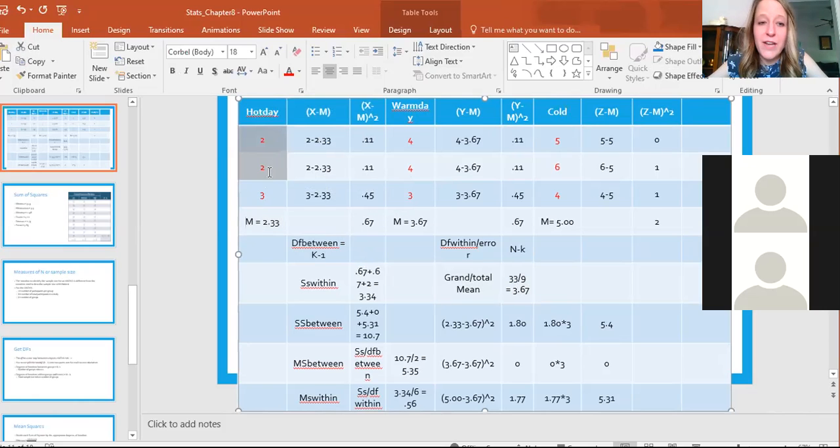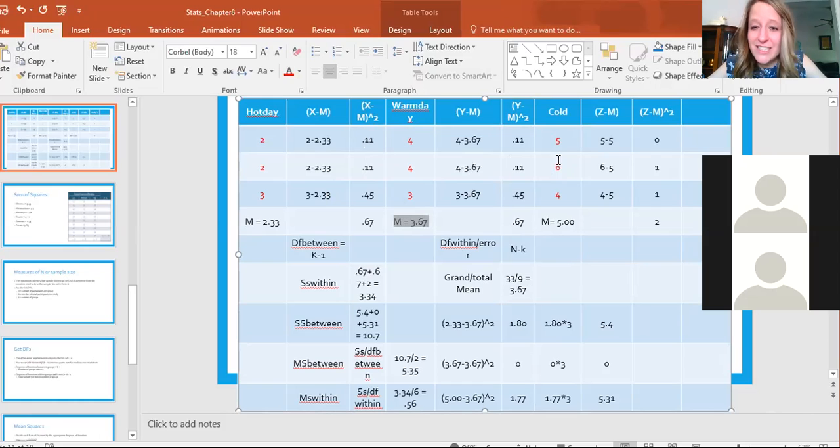So you add each of these up and divide by 3 to get this mean of 2.33. Then I'm taking 2 minus 2.33, 3 minus 2.33, and the same thing for warm day. You would take 4 plus 4 plus 3 divided by 3 to get a mean of 3.67, which is the same, so for that one you don't need to change anything.